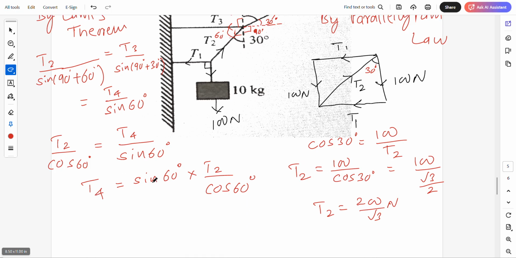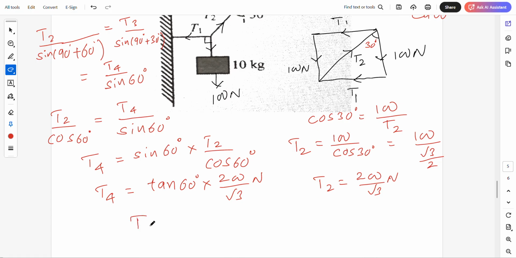I can write tan 60 degree. T4 is equal to tan 60 degree into T2, which is 200 by root 3 newtons. How much is tan 60 degree? Root 3 into 200 by root 3. Again, this is going to come 200 newtons. T4 is 200 newtons, the right answer.